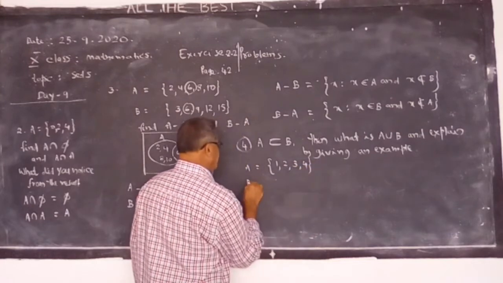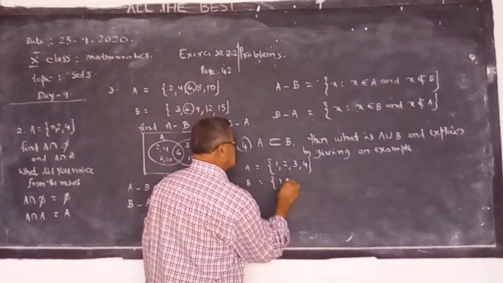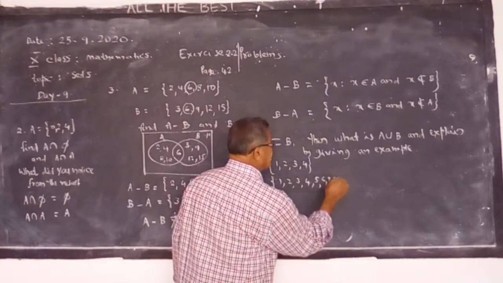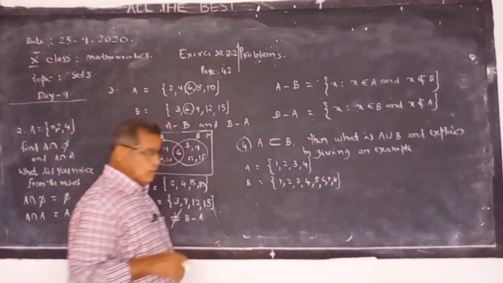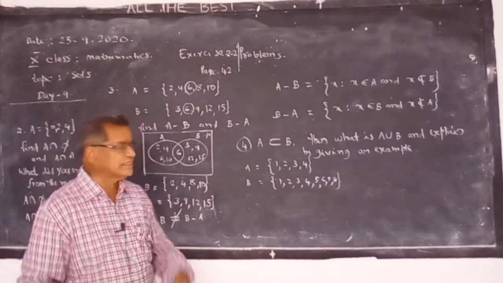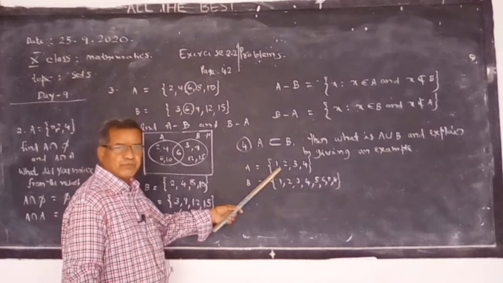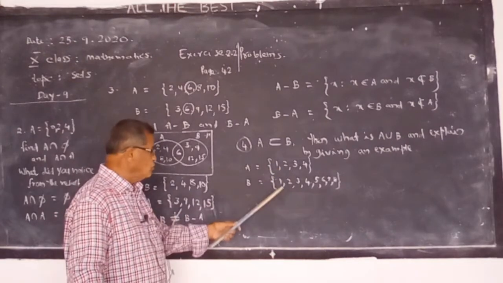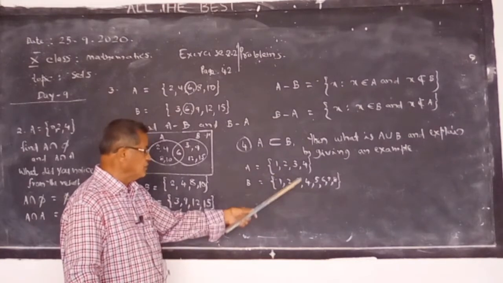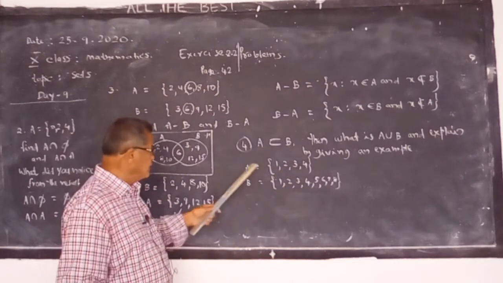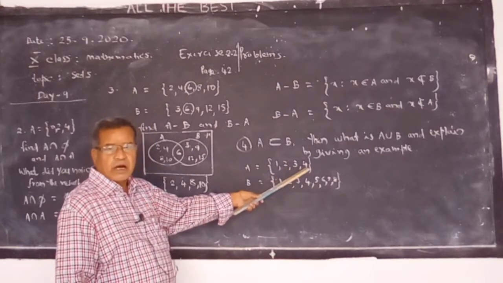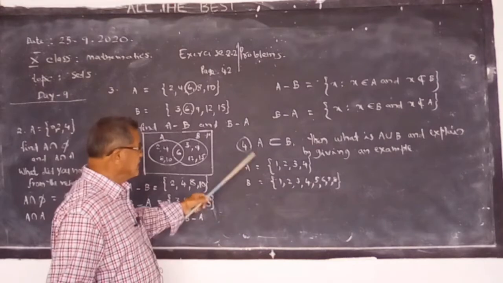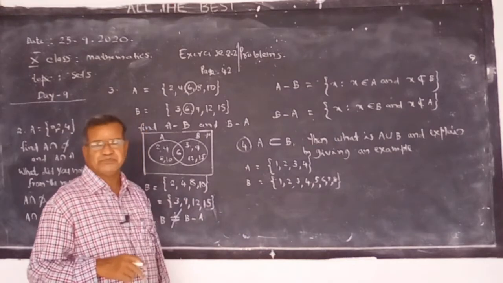In set B, 1, 2, 3, 4, 5, 6, 7, 8. By the definition of subset, the elements of A are also in set B. 1, 2, 3, 4. All the elements of set A are also present in set B. Then we say A is a subset of B.